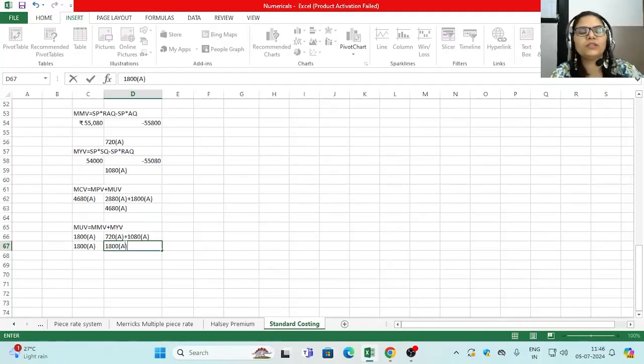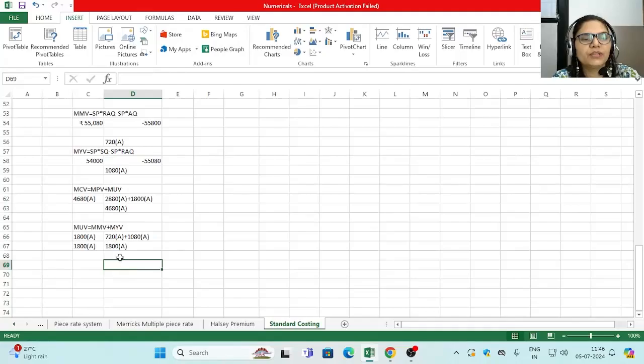So both left hand side is equal to right hand side, and this equation is verified. So with these equations, you can actually check your answers whether the calculations you have done are correct or not.